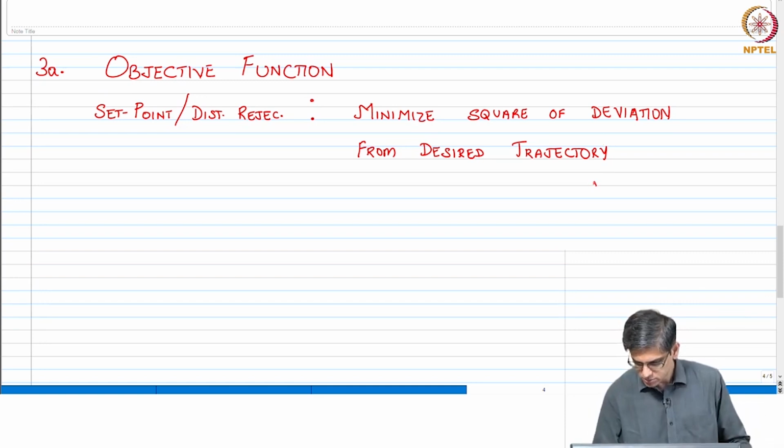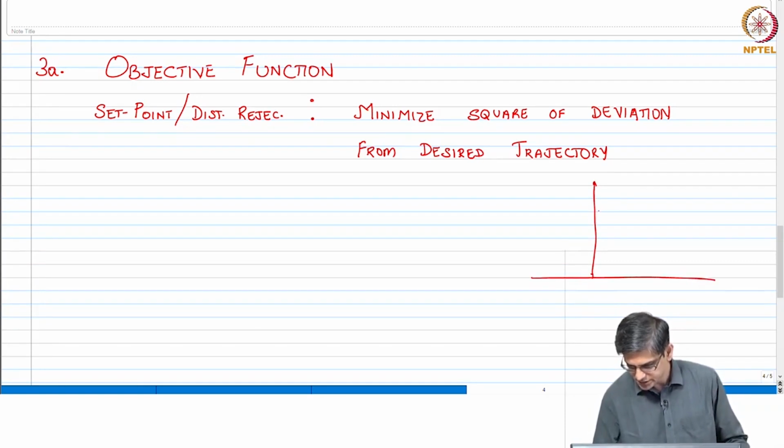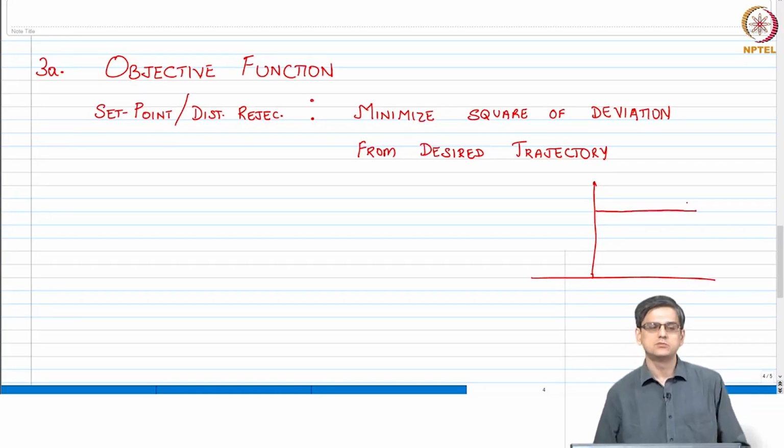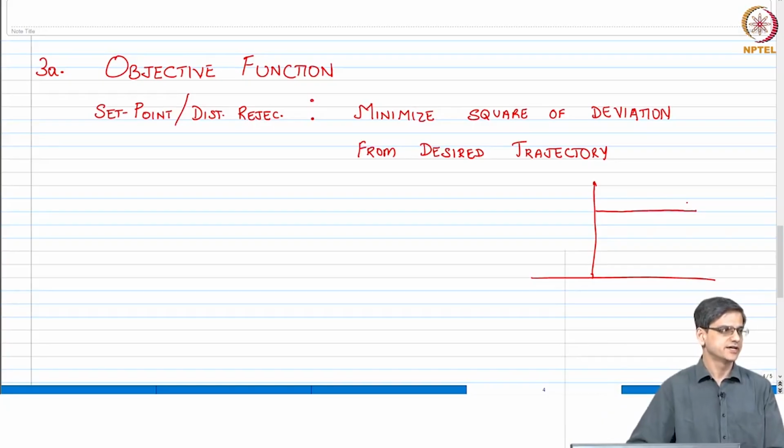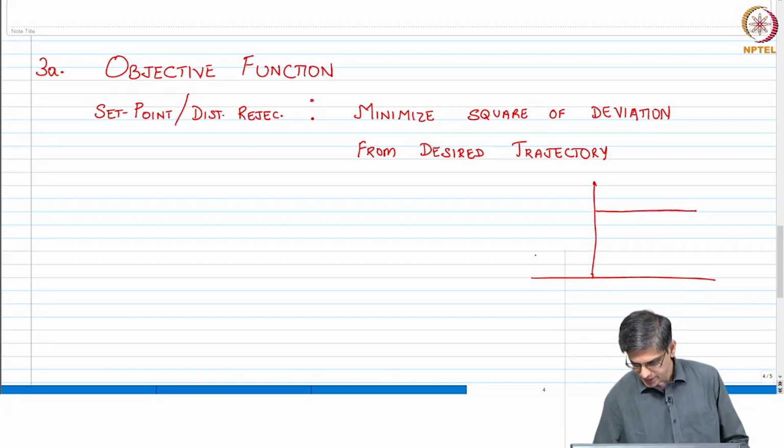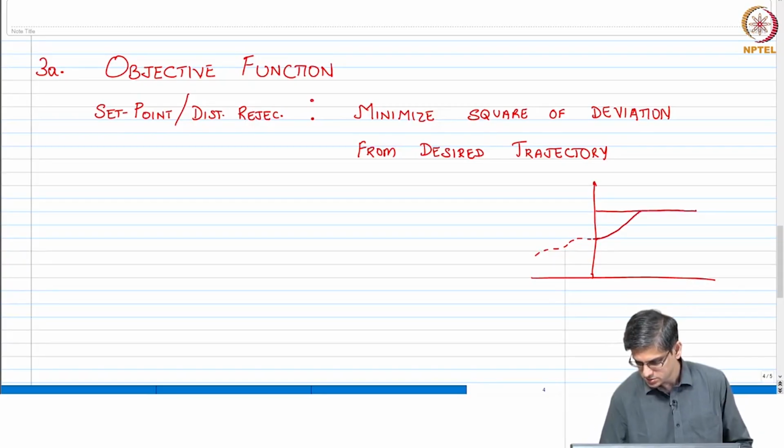So, let us take the case where the desired problem is that of set point tracking, okay, and the past we have somehow come to this particular location, okay, and let us say this is our predicted future.